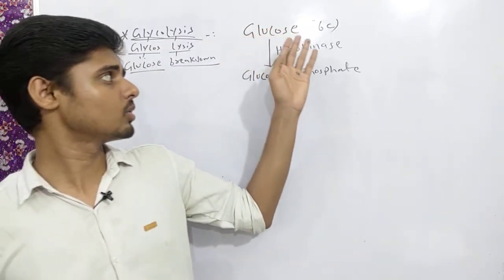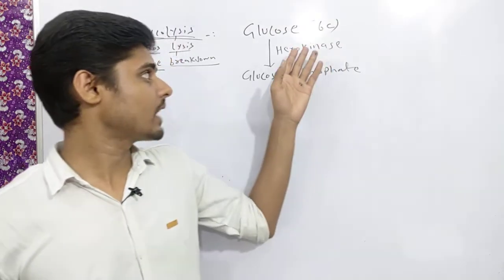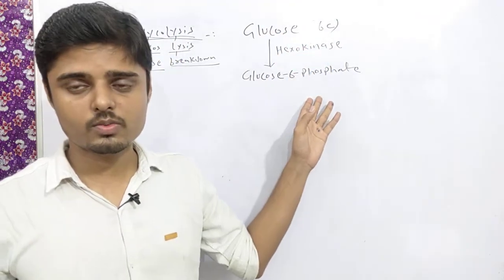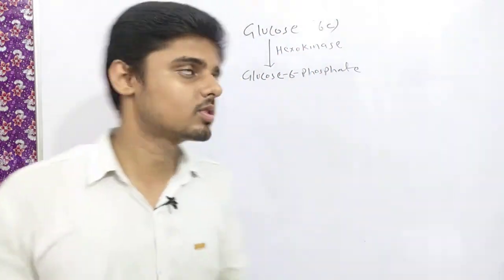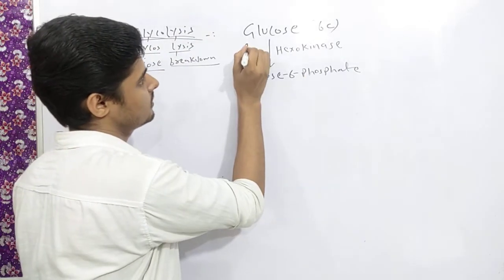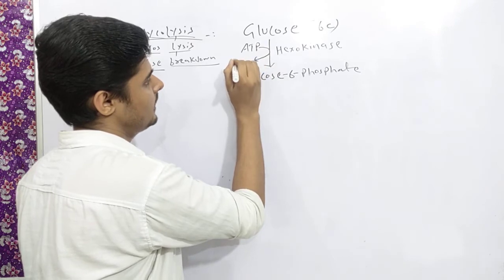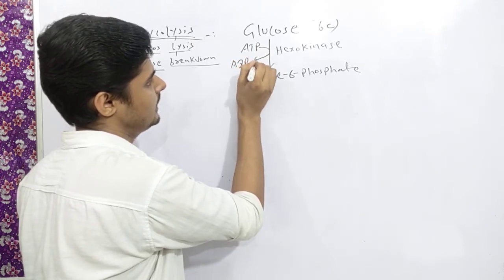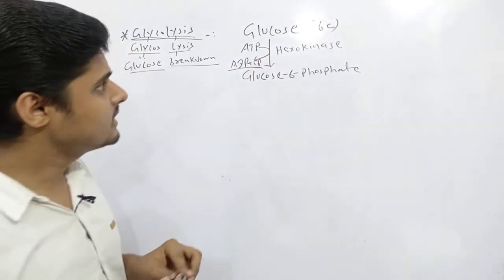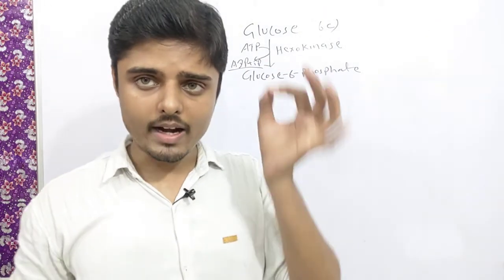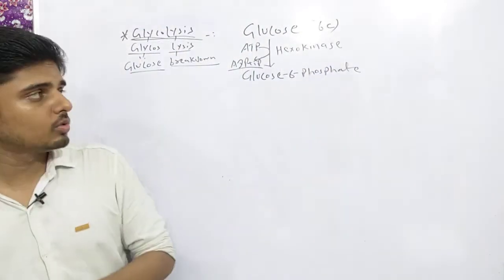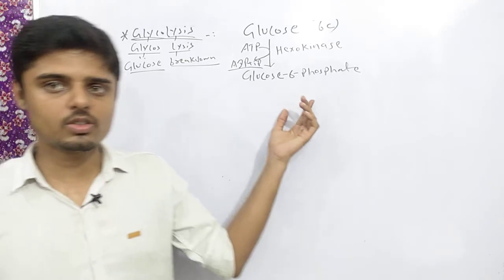So firstly, hexokinase works on the glucose and converts it into glucose 6-phosphate, and in this process ATP is used. ATP forms ADP plus inorganic phosphate, and this inorganic phosphate is added at the 6th position of the glucose, forming glucose 6-phosphate.